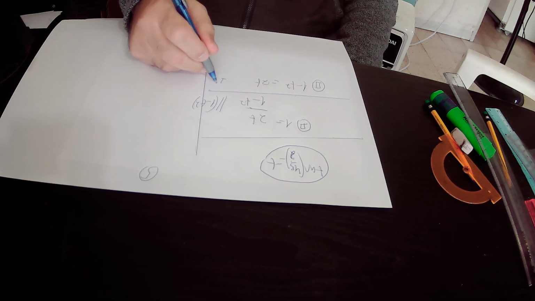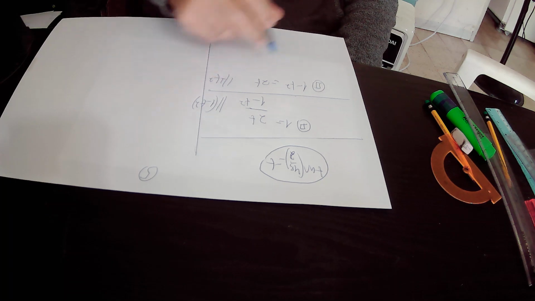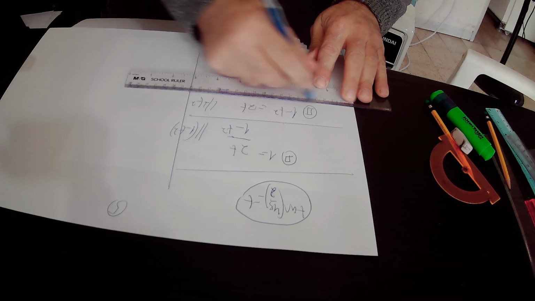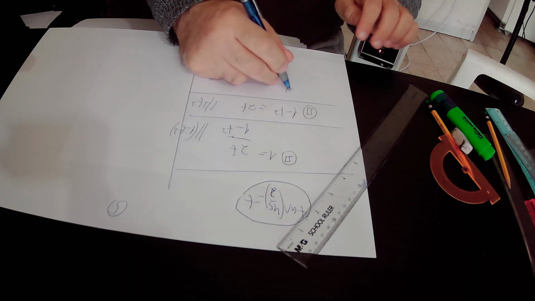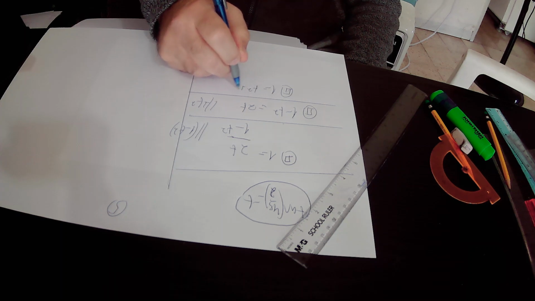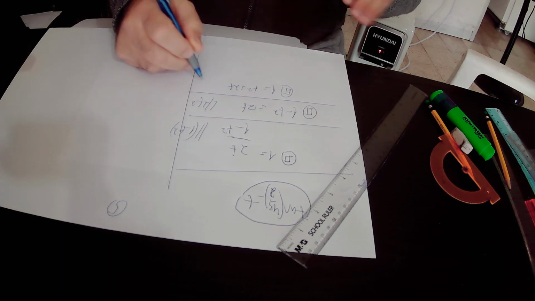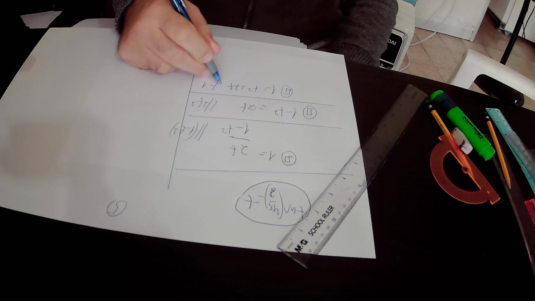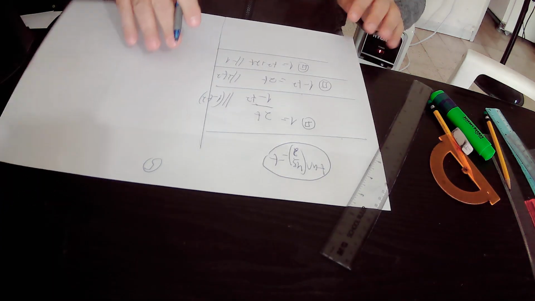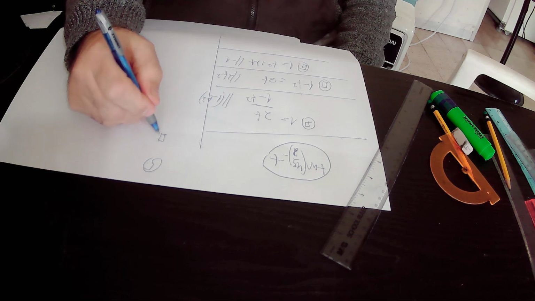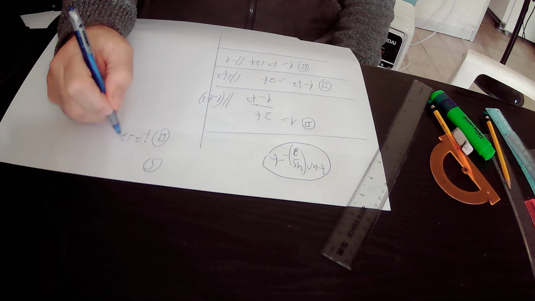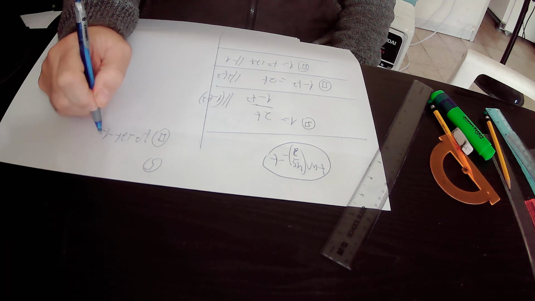Here we add t squared, and we get that 1 equals t squared plus 2t. Here we subtract 1, and finally we get that t squared plus 2t minus 1 equals 0.